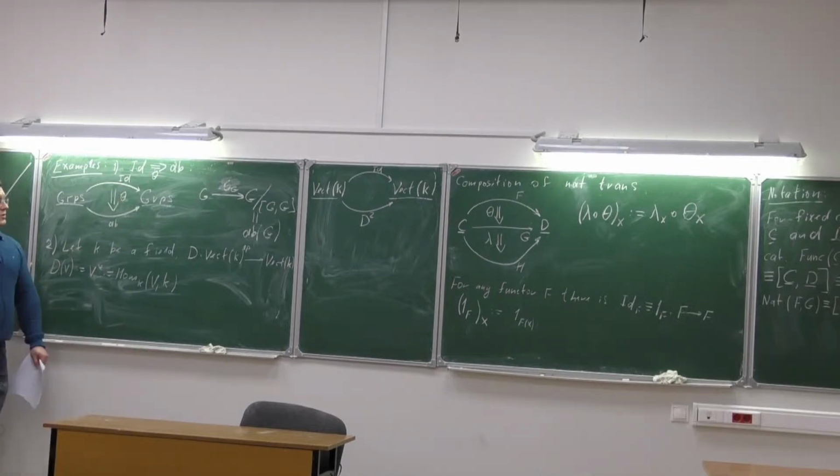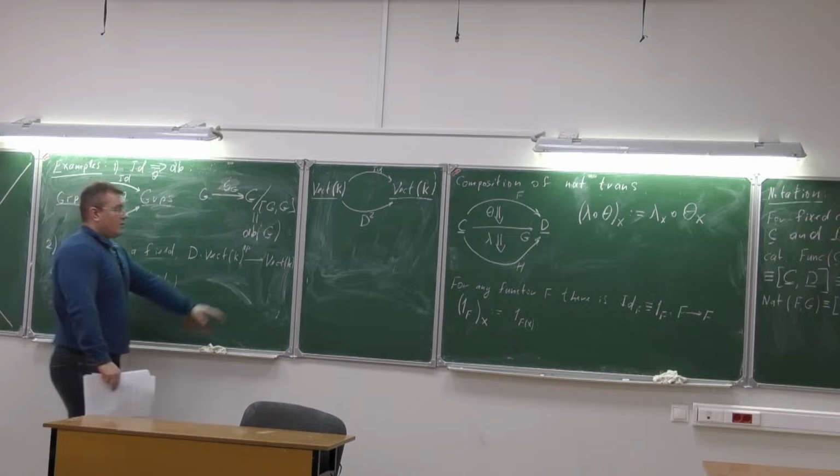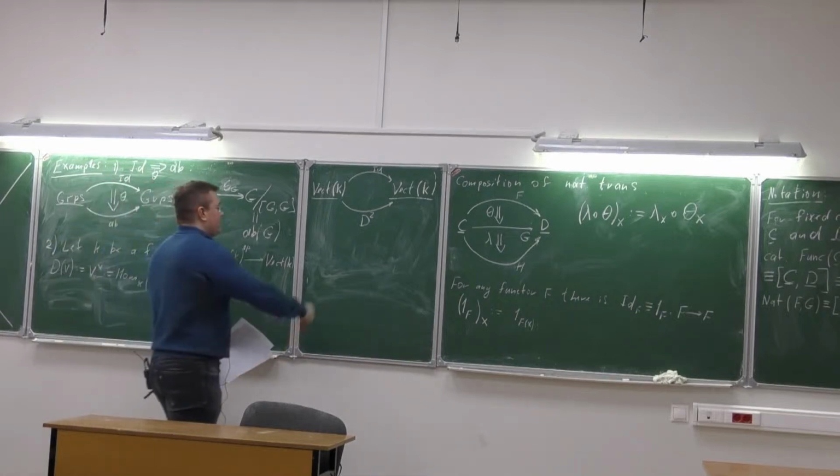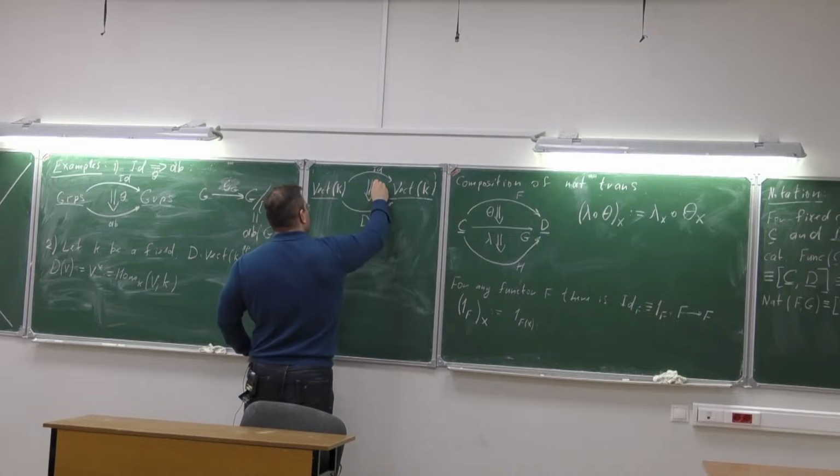Now notice if you have a contravariant functor, then it's quite expressed with the covariant functor. So here I don't need to write it. It works without help. And there's a natural transformation theta.